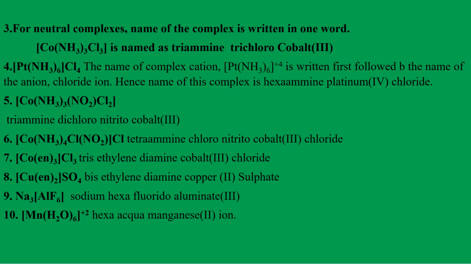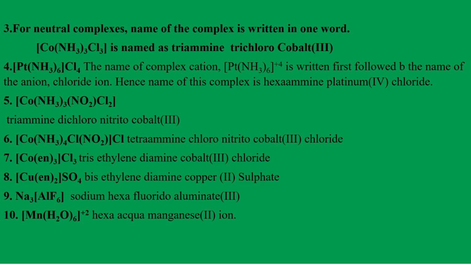Okay, students. Next, 10th one: [Mn(H2O)6]2+. What is H2O called? Aqua. How many are there? 6. So, hexaaqua manganese 2 ion. So 2 is the oxidation state of manganese.